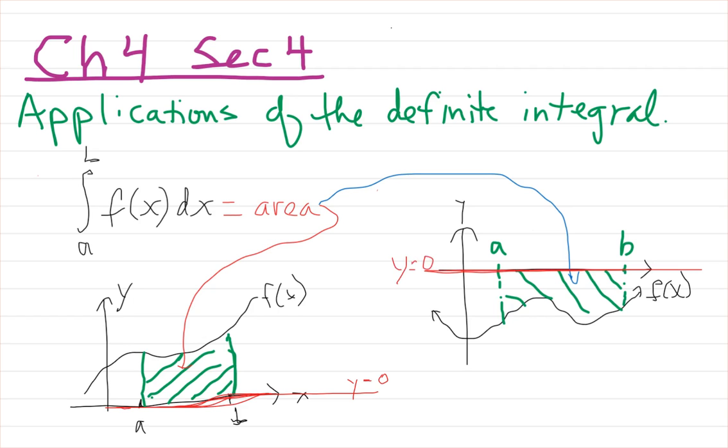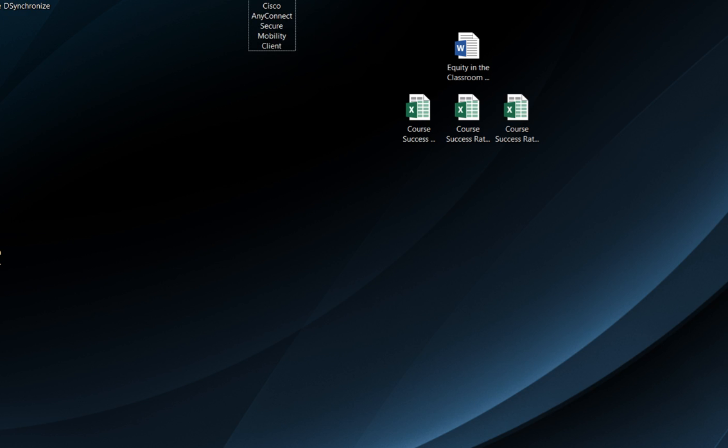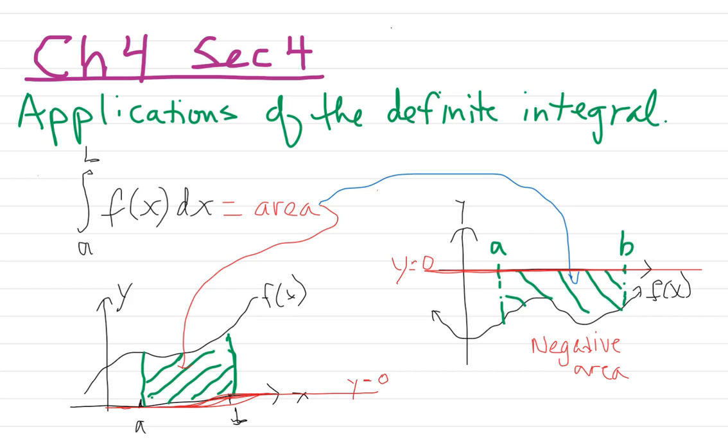Now, one other thing for you to remember. This guy here has a negative area. Negative because it's below the x-axis, right? Now, this guy here has a positive area, because it's above the x-axis.